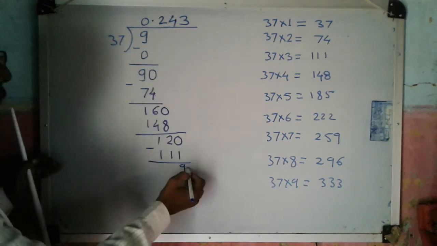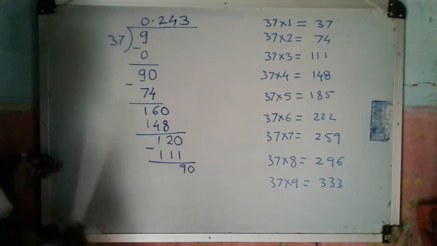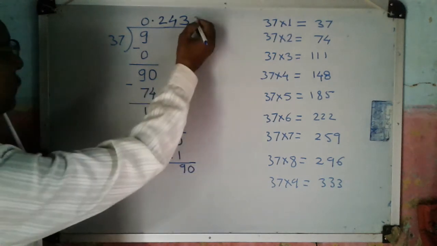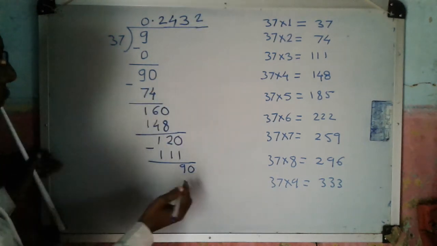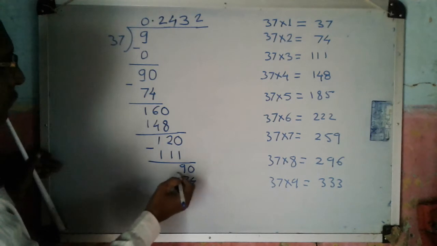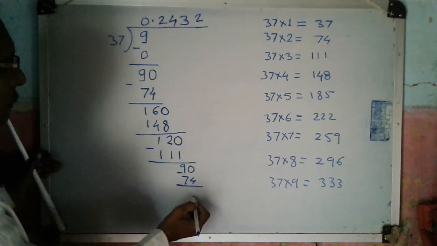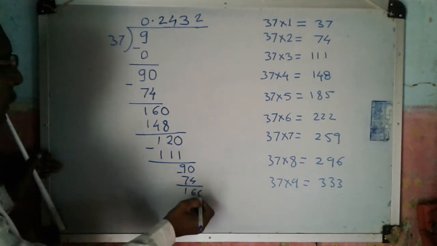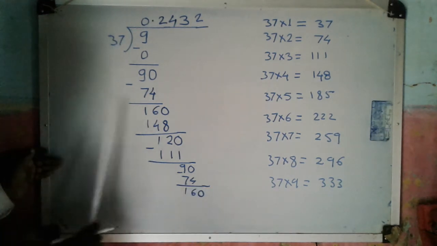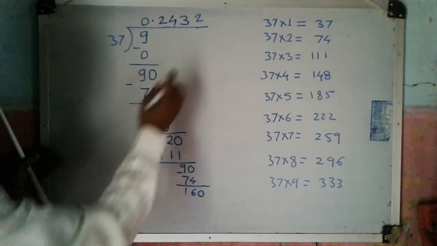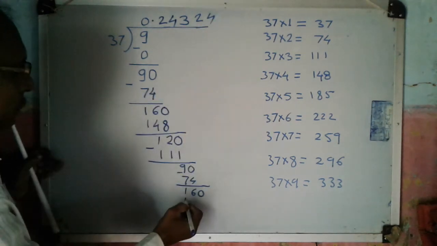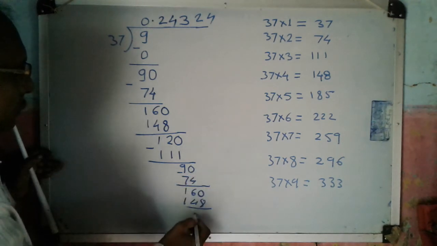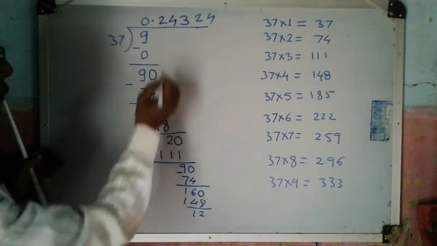Again take 0 here and divide it. 37 2s are 74. Remainder 60 and 0 again divided. So 37 4s are 148. Remainder is 12. Take 0.